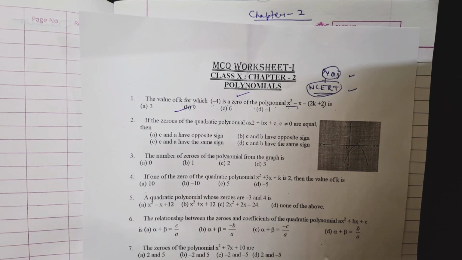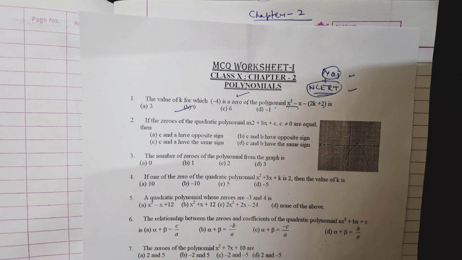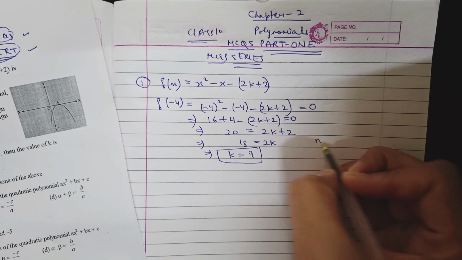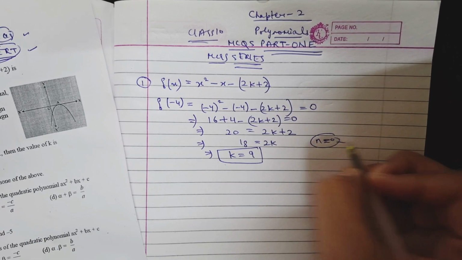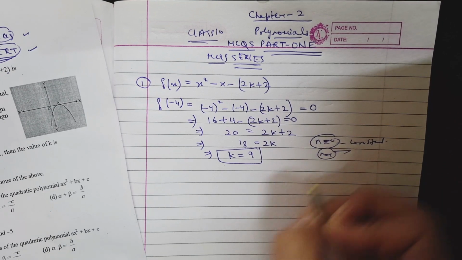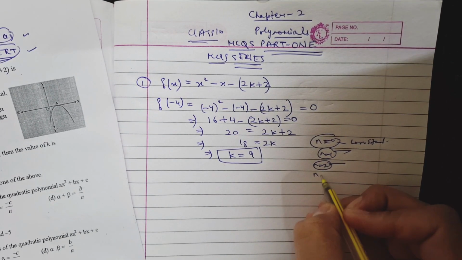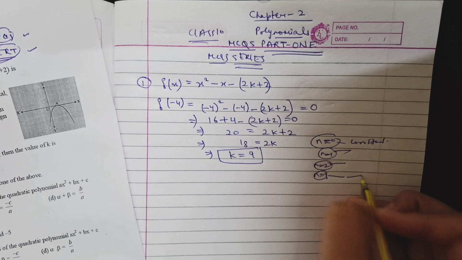But you have to learn the concepts of all, like cubic polynomial also, linear polynomial also. Based on the degree, you all know that if degree is 0, it is a constant, if degree is 1, it is a linear polynomial, if degree is 2, it is a quadratic polynomial, and degree 3 is a cubic polynomial, and so on.